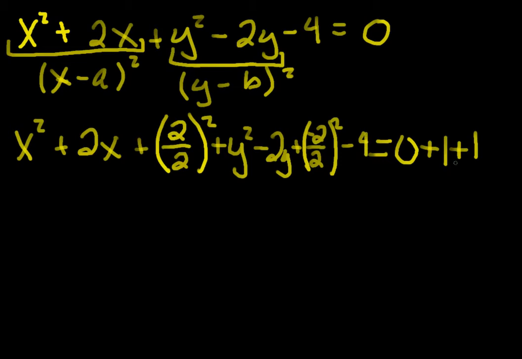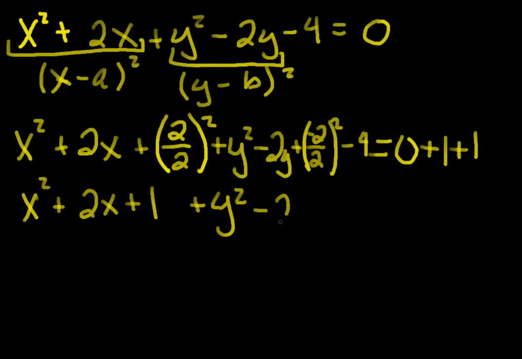And so finally, let me just rewrite this. So I've got x squared plus 2x plus 1 plus y squared minus 2y plus 1 minus 4 equals 2.